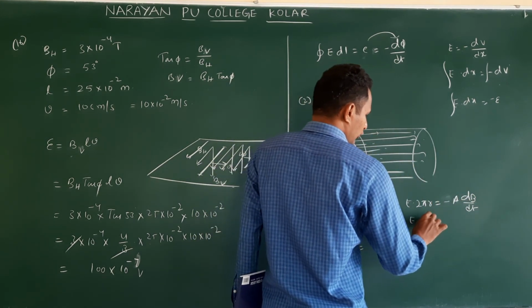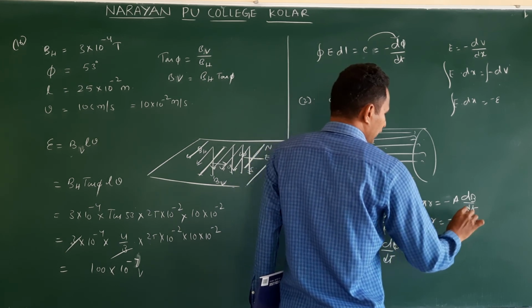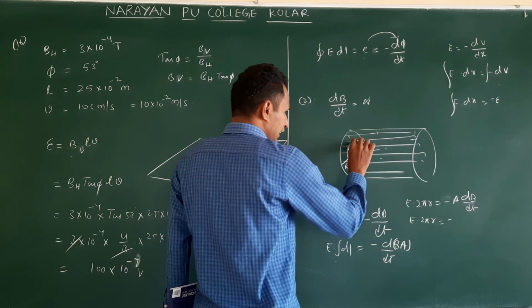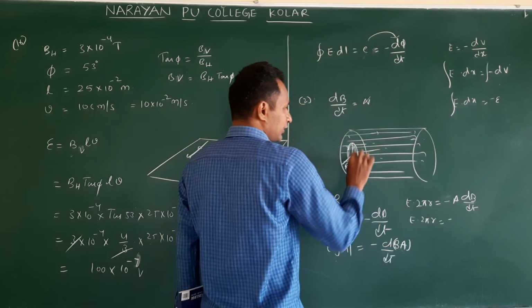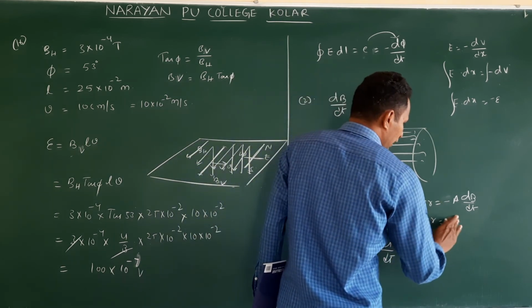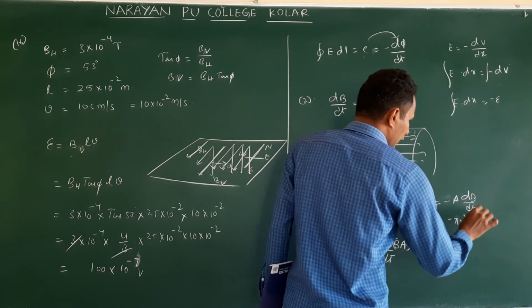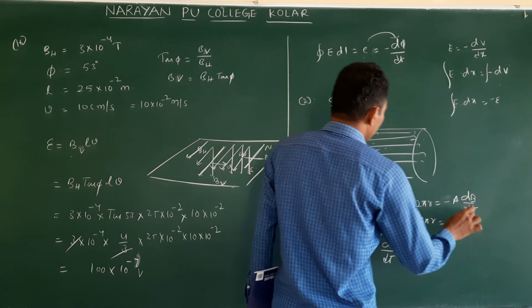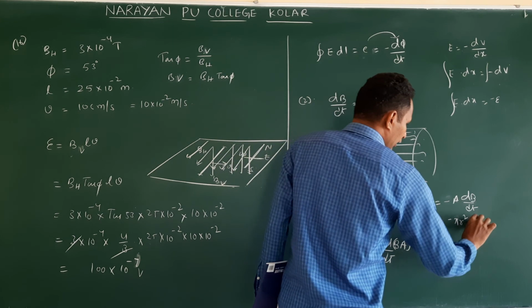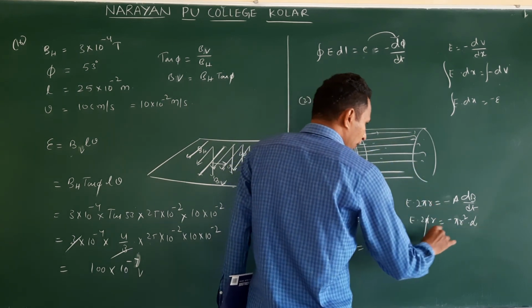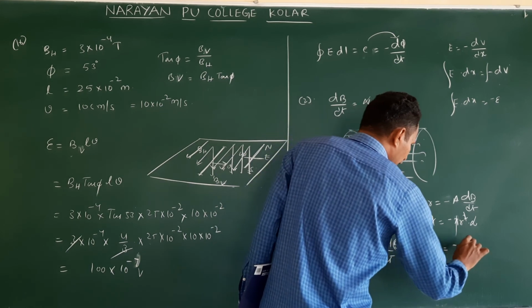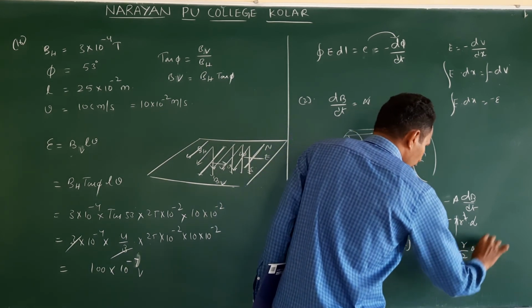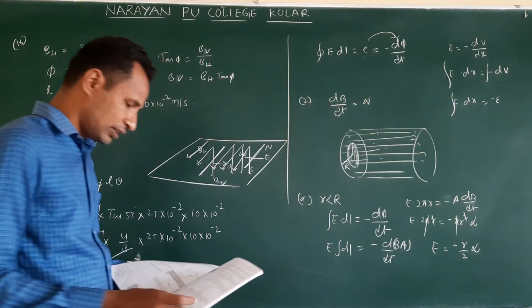So E is equal to minus, in which area is it changing? In the given region. They are asking in this region only. So this is pi r square, dB by dt they mentioned as alpha. Then pi cancels, one r cancels. Then E is equal to minus r by 2 alpha. Check.